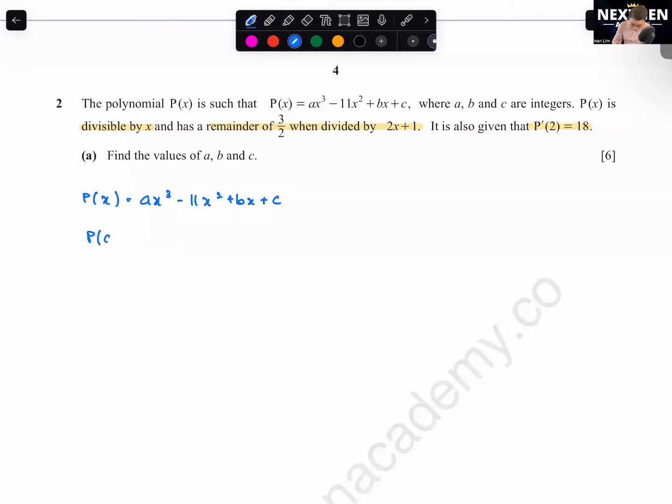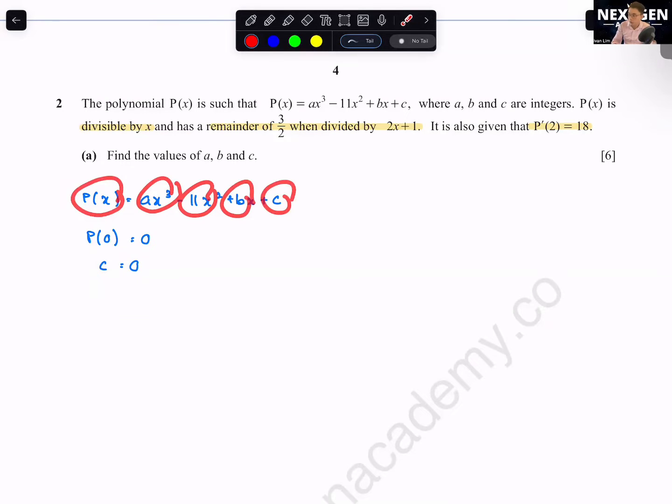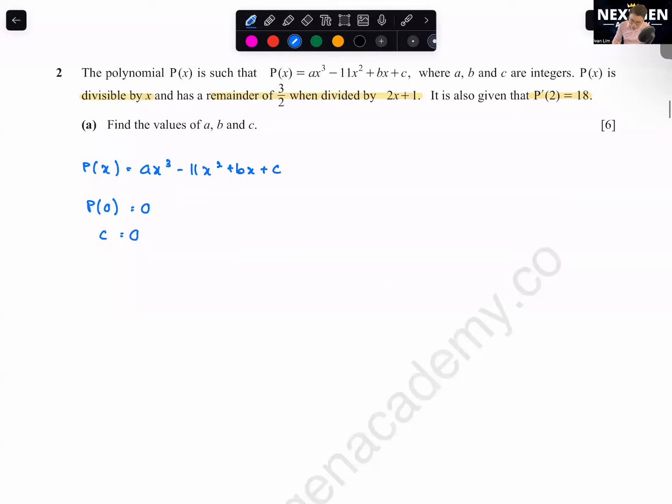So P(0) is equal to 0. Got it? Because divisible by x. You don't go and do long division, don't waste your time doing that. We are using the factor theorem and remainder theorem. So you substitute, you get c is equal to 0. Second one, remainder of 3 over 2 when divided by 2x plus 1.